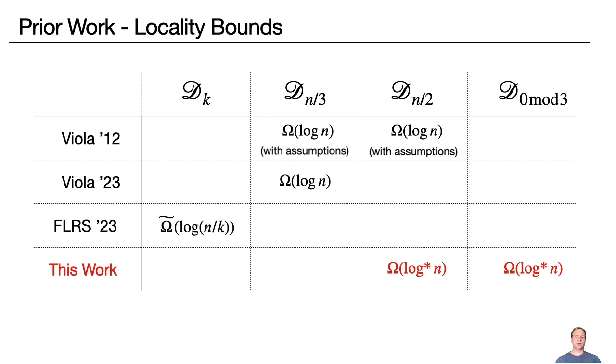Much more recently, Viola was able to remove this assumption in the case of weight n/3, and Filmus, Leigh, Riazanov, and Sokolov were able to prove similar unconditional bounds in the case of small k. Our main contribution is the first super-constant lower bounds in the case of weights n/2 or 0 mod 3. It should be noted that upper bounds are roughly logarithmic, and we suspect that this is closer to the correct answer in these cases.